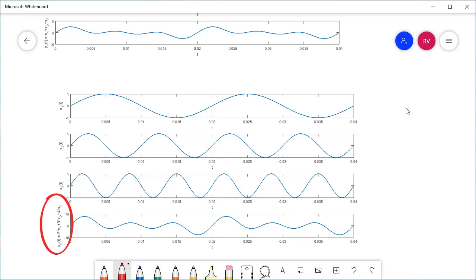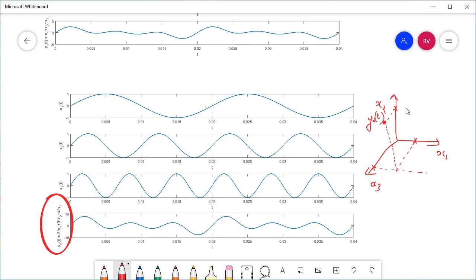Now that point is somewhere in that space of x1, x2 and x3. This is my point, my signal y2 of t. I have represented y2 in the same space.